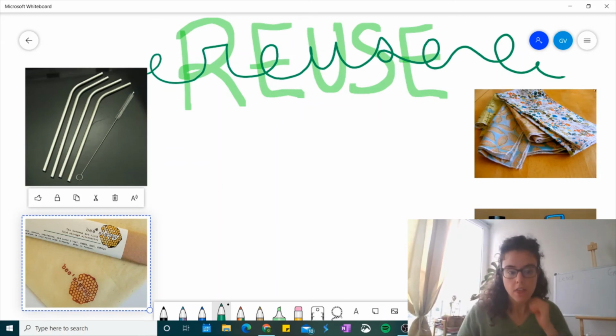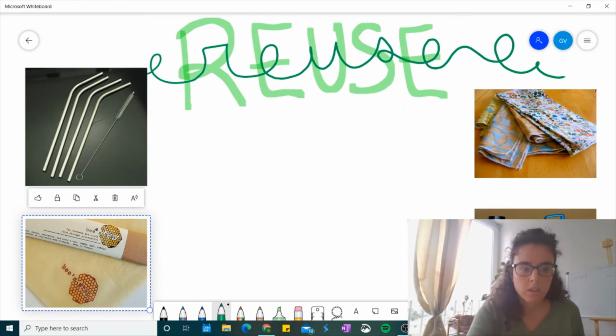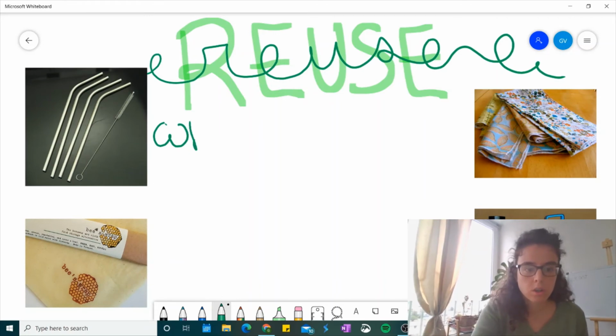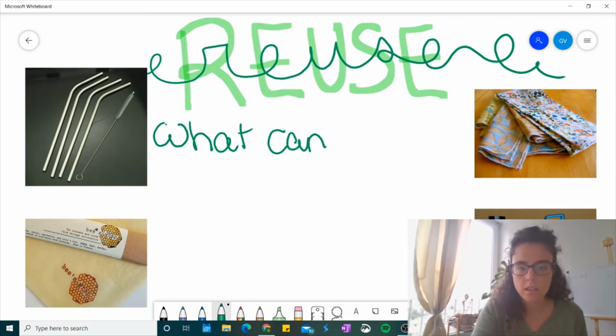So this is how I'm going to start my poster. Then I'll say maybe, what can you reuse at home?